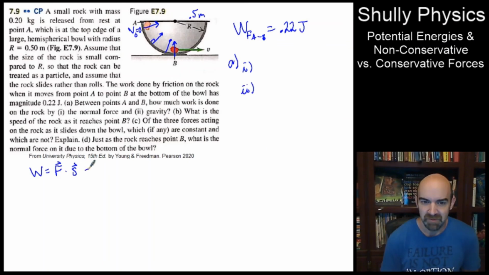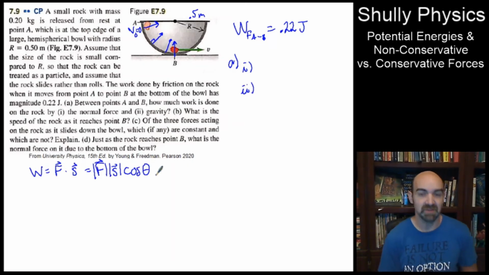If you do recall our dot product definition, this would mean that if we take the magnitude of the force at each point and the magnitude of that displacement multiplied by the cosine of the angle between them, that's going to be the work done by this particular force. And we're talking about the normal force here. So is normal force ever in the direction of the displacement at these points?